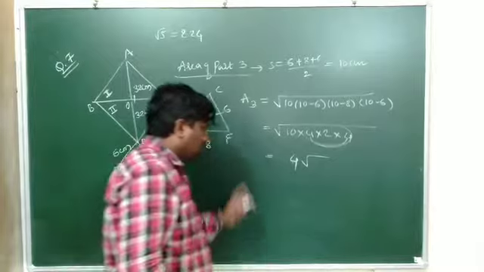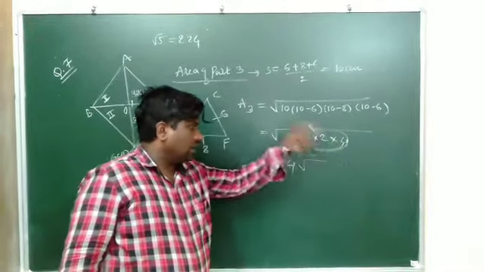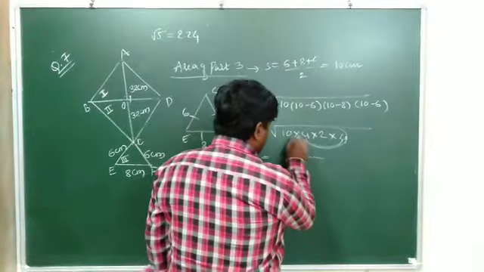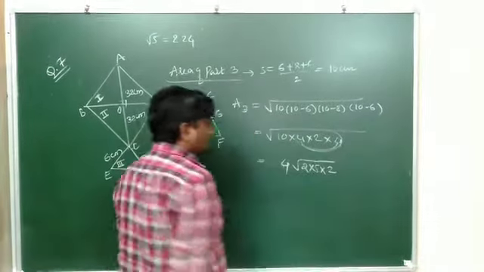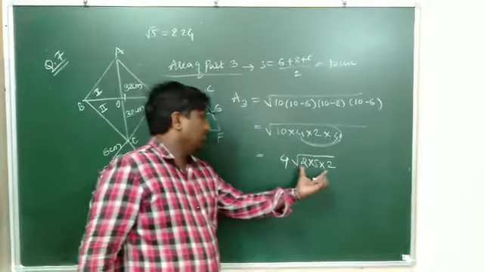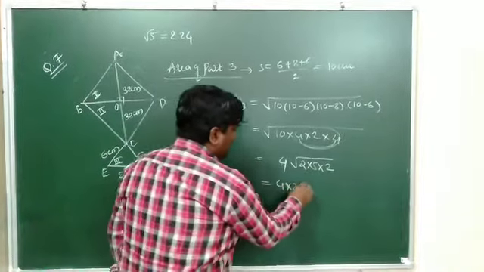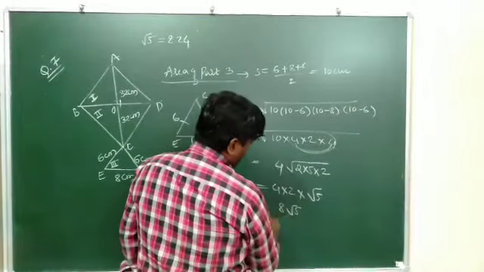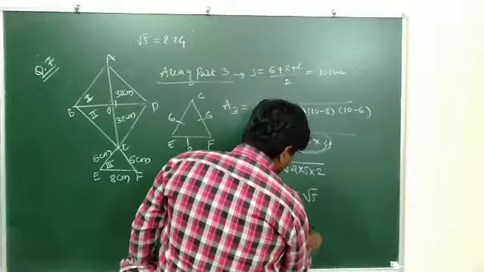Instead of placing this 4 in a square root, I will take it out, with a single time only. 10, how can it be expressed so that there is another 2? So there are 2 2s. So 4 into 2 into root 5, so 8 root 5.